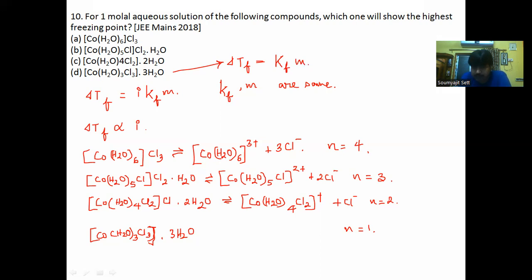But for others, it will be greater than Kf into m, 2 times, 3 times, 4 times greater than Kf into m. So the highest freezing point is applicable for whom delta Tf is minimum. So the correct option will be option 4.